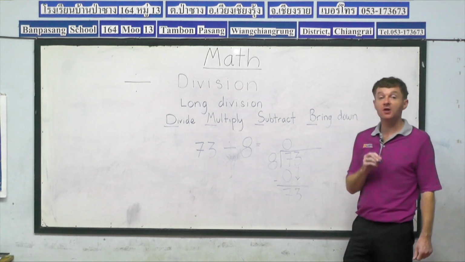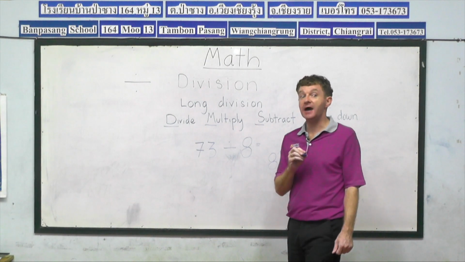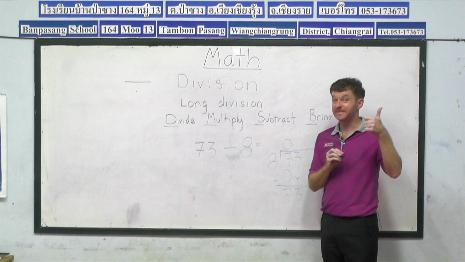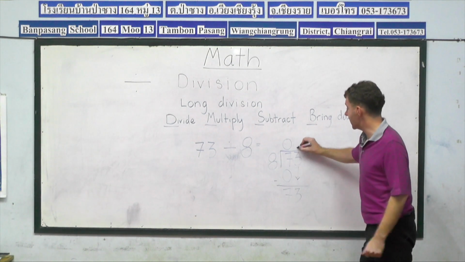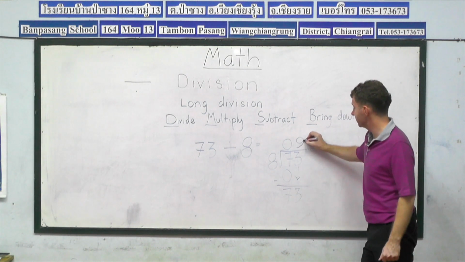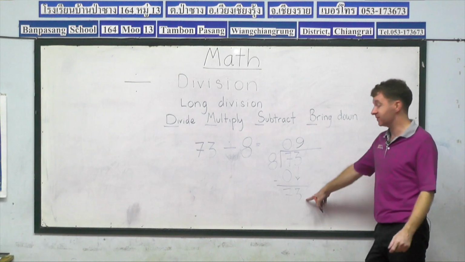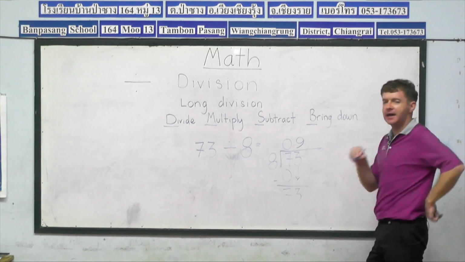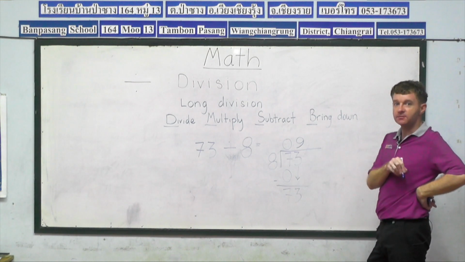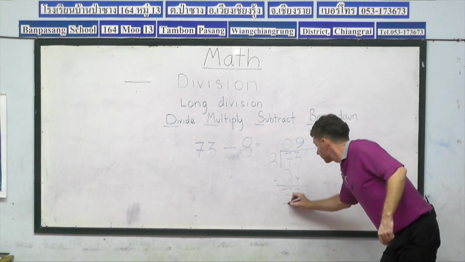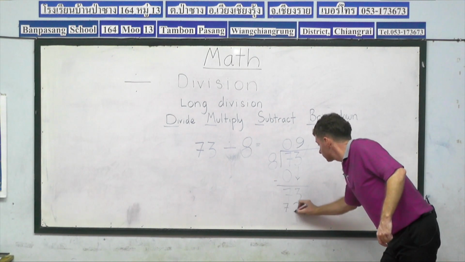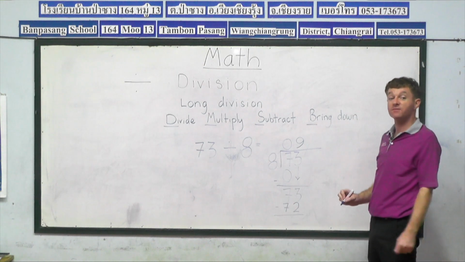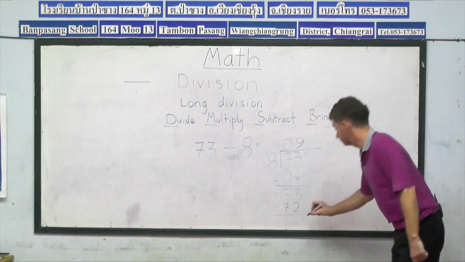Okay, so now 73 divided by 8 equals 9. 8 can fit into 73 9 times. But what's 8 times 9? 72. Okay. Next, we minus 73 minus 72 equals 1.